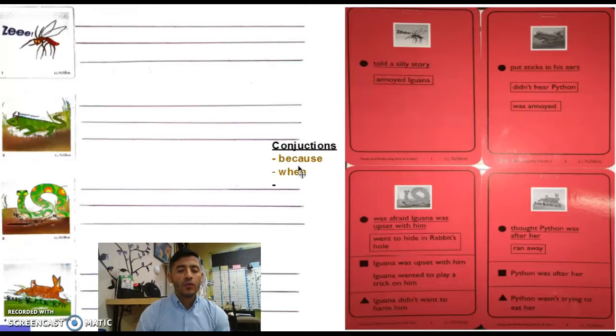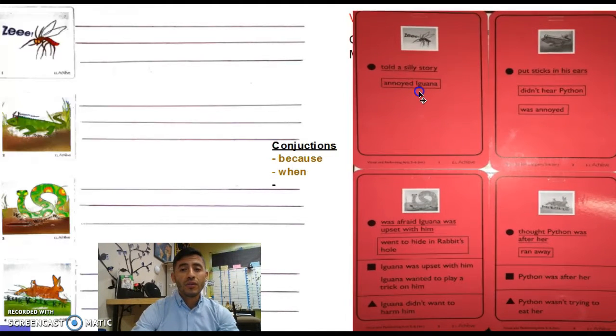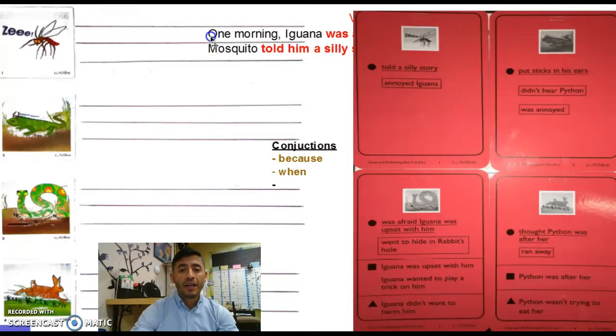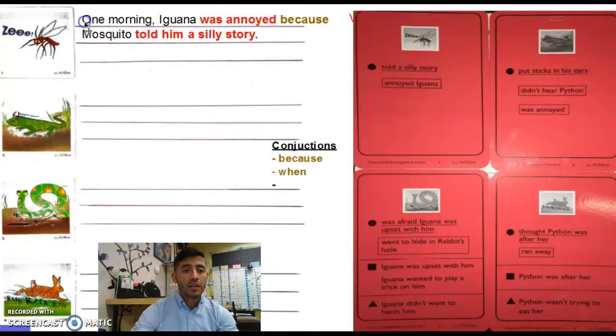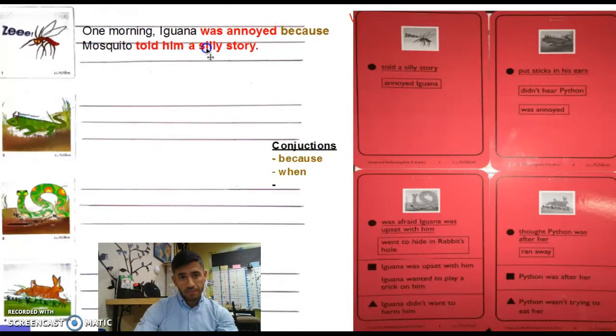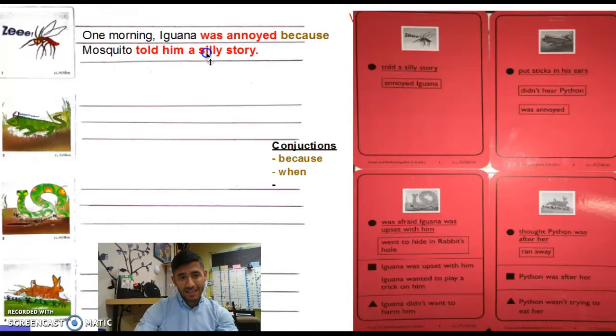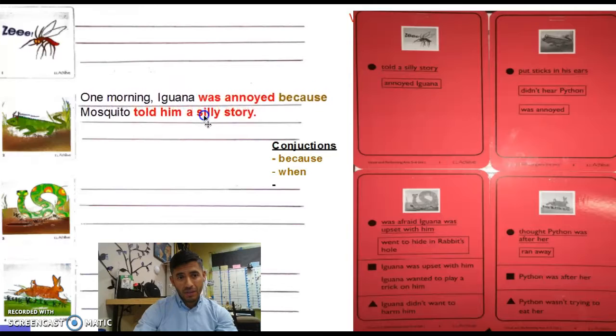Okay, and if you are back now, that means that you already paused and you already told your partner what was happening in this first part. If you have not done that, this is what you could have had. You could have had something like this. One morning, Iguana was annoyed because Mosquito told him a silly story.